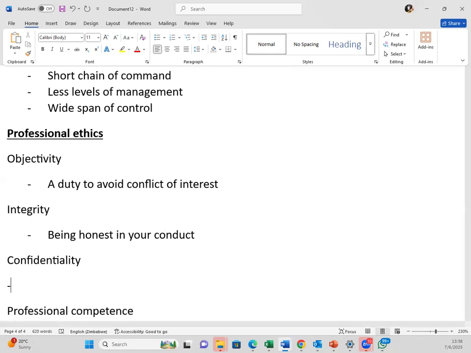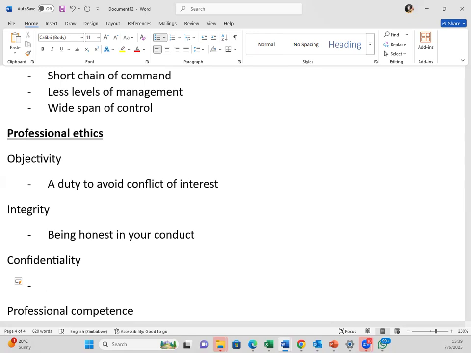Then we have confidentiality. If you are applying confidentiality, it means that you are not disclosing information that you obtain. When you are acting as an accountant or auditor of the company, you come across information that is confidential, that the competitors might want, that they might actually request you to give them.